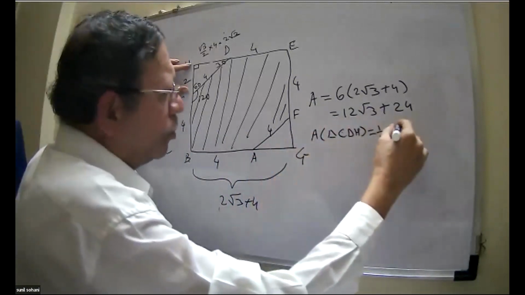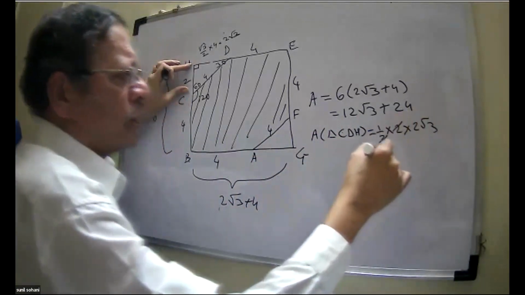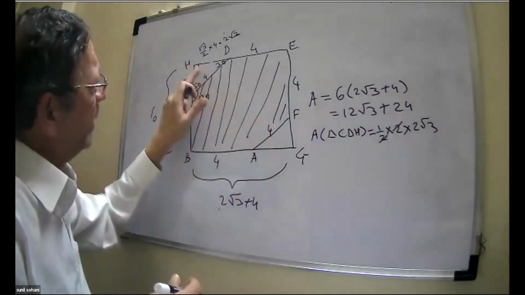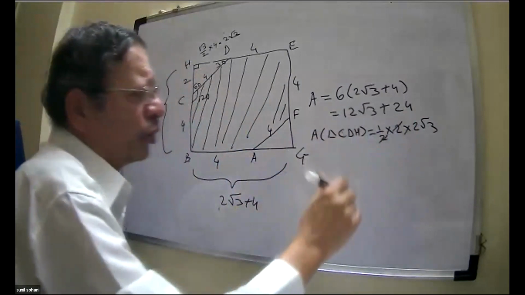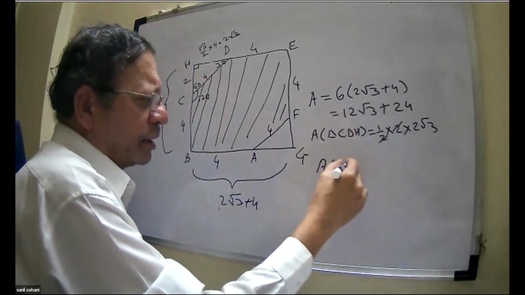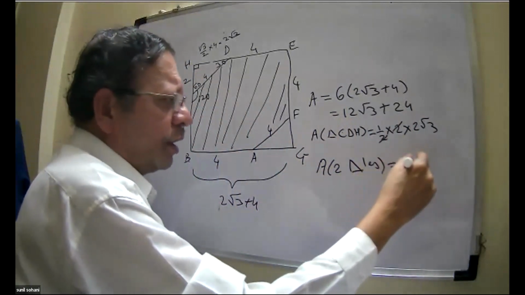Base is 2, height is 2 root 3. So the answer is 2 root 3. And you have two triangles of the same kind, up and bottom. So the area of the two triangles total will be 4 root 3.